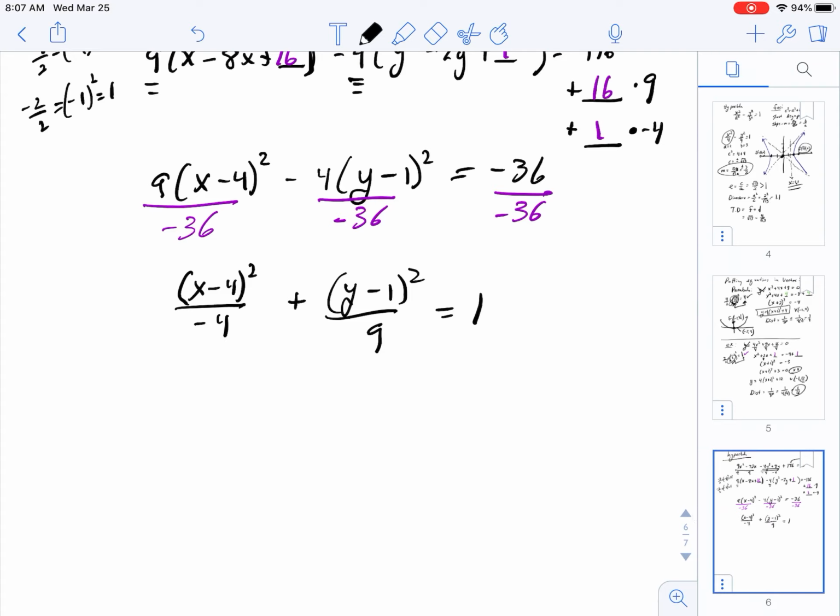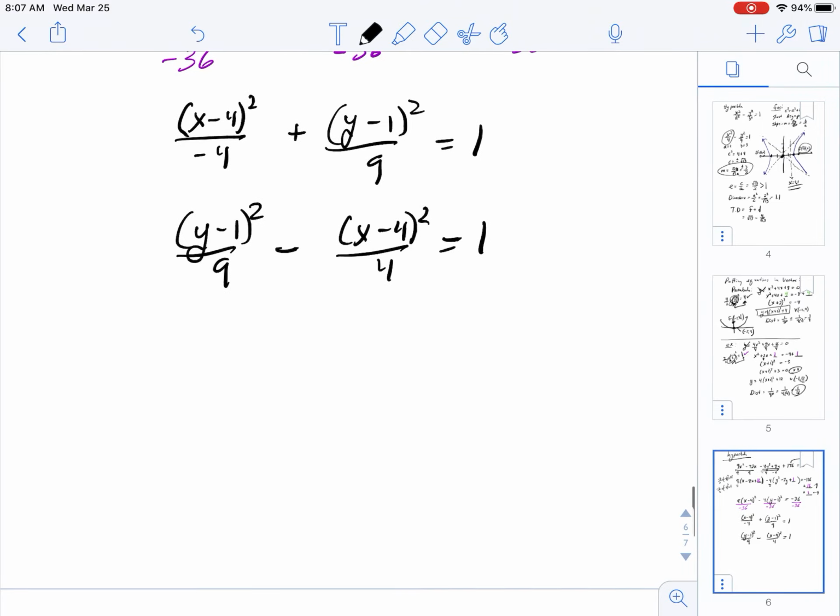But notice my negative happened there, so basically it's going to be switched here, so you have y minus 1 squared over 9 minus x minus 4 squared over 4 equals 1. So my a is 3, my b is 2. Now my slope, though, is still plus or minus 3/2. So it's delta y over delta x, even though this got switched.